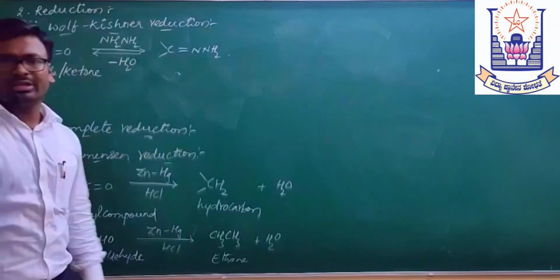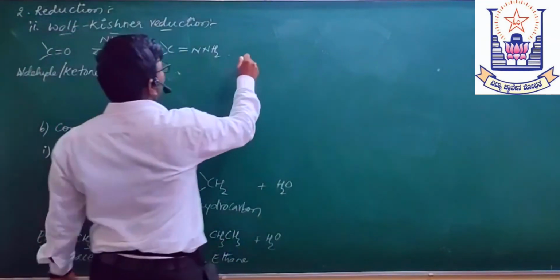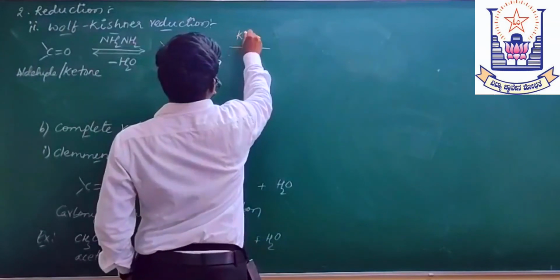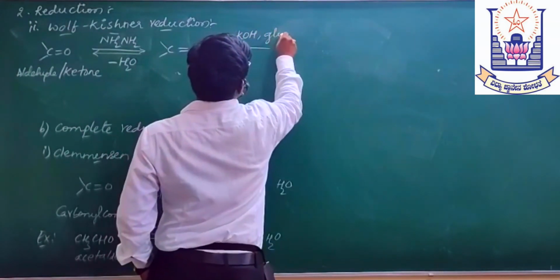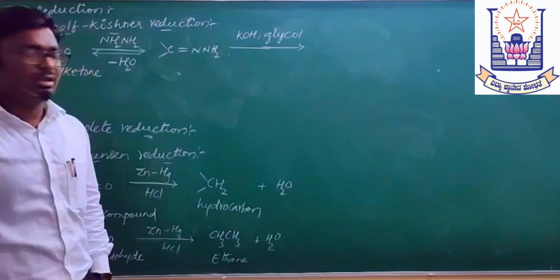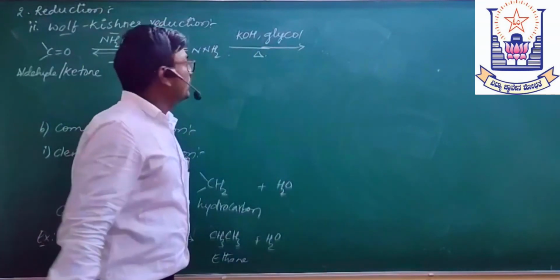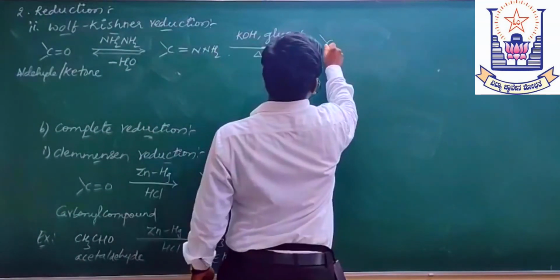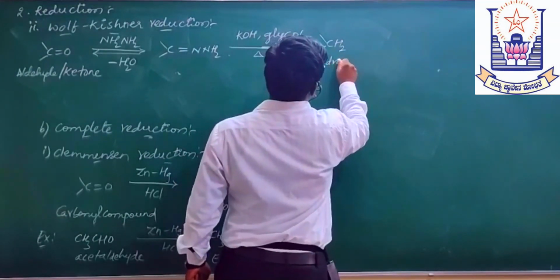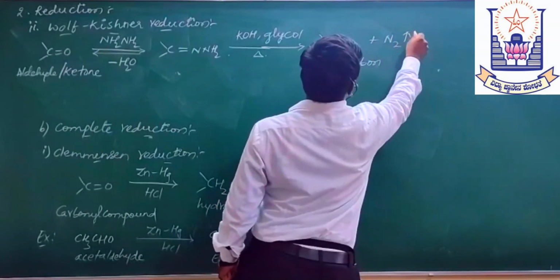In the previous case, we have studied this. It is a nucleophilic addition reaction up to here. When this is further treated with KOH, that is potassium hydroxide, in the presence of a high boiling liquid, that is glycol, and on heating, you will get a hydrocarbon with the release of nitrogen gas.